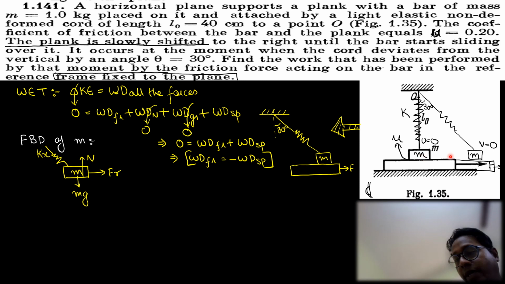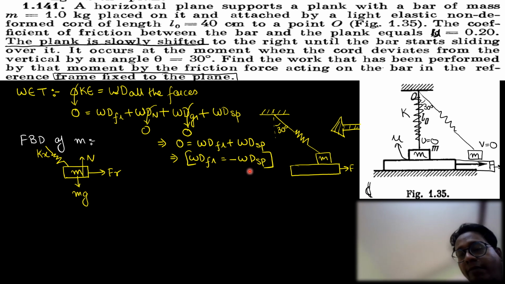So from here to here, the friction force is gradually increasing up till this point where the maximum value of friction force is applied, and out here the body starts slipping. So we cannot apply mu into n into this length. You have to find out the work done by spring force, and work done by friction force is nothing but the negative of work done by spring force from this equation.